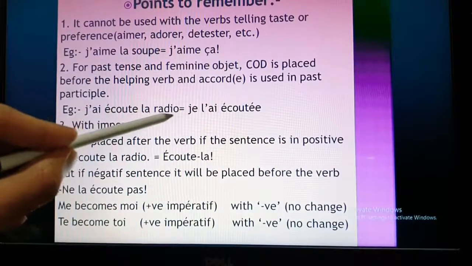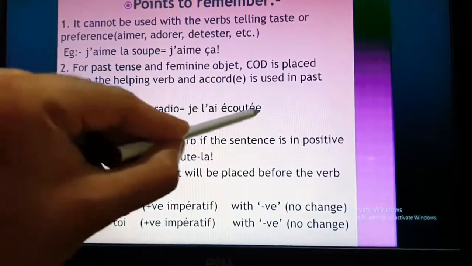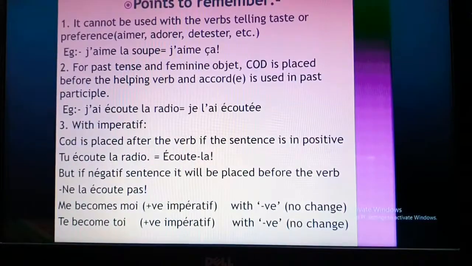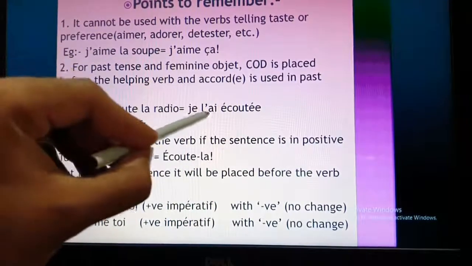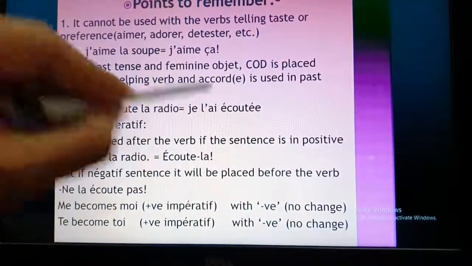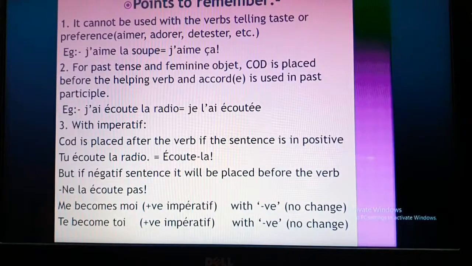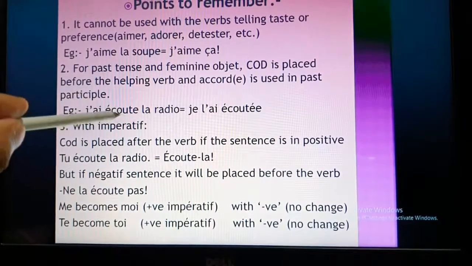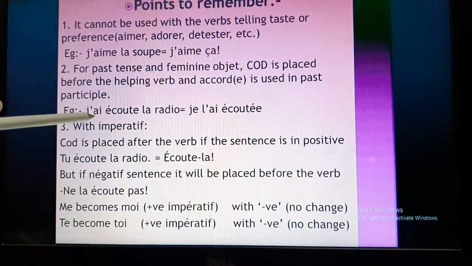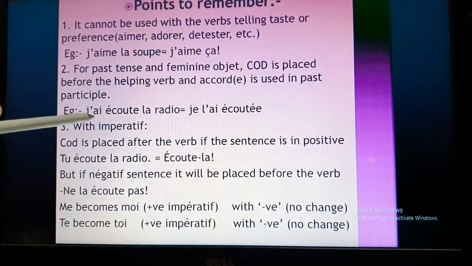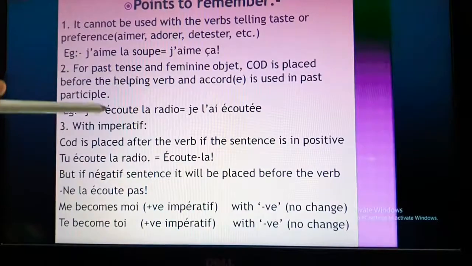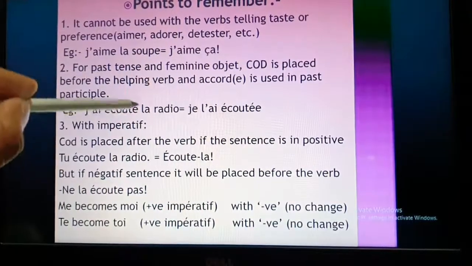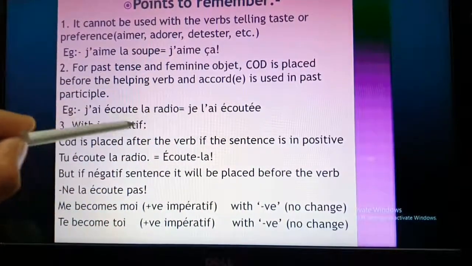Now the object is feminine, so we will apply the accord. You know that we don't apply accord with avoir. Avoir is a very rigid verb, but with the personal pronoun we will add accord because of this. It's a rule.